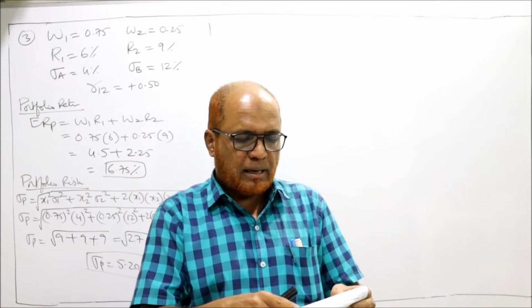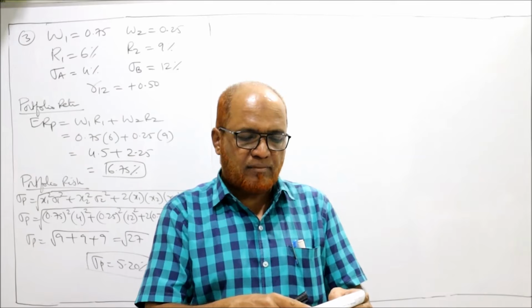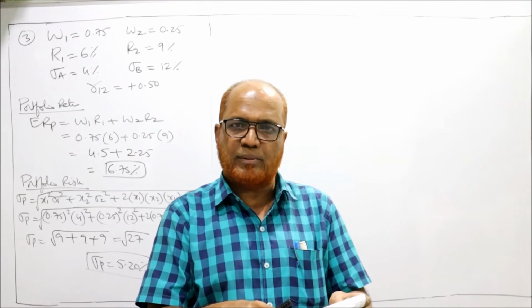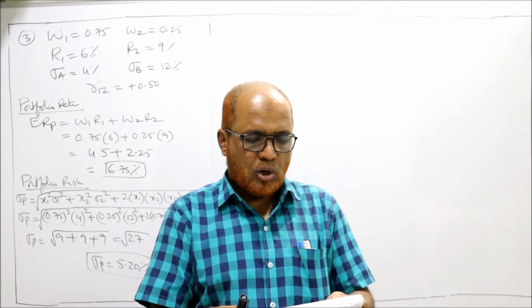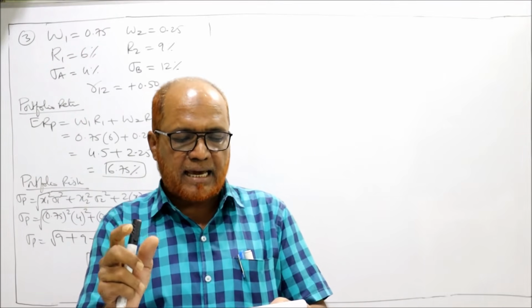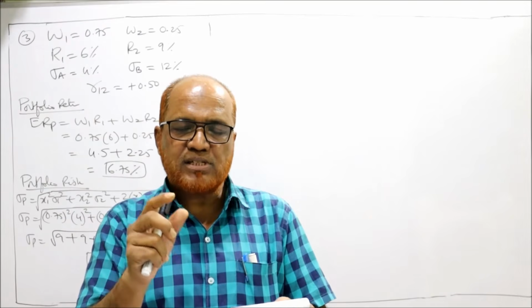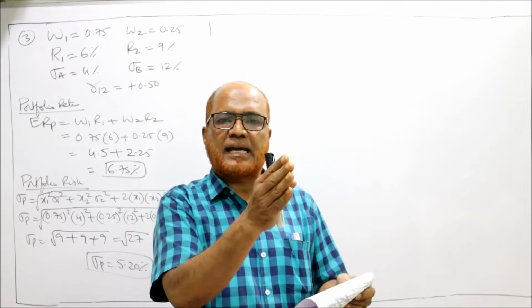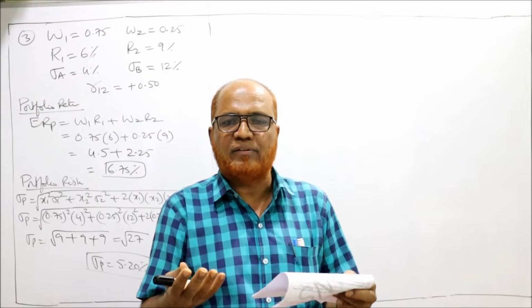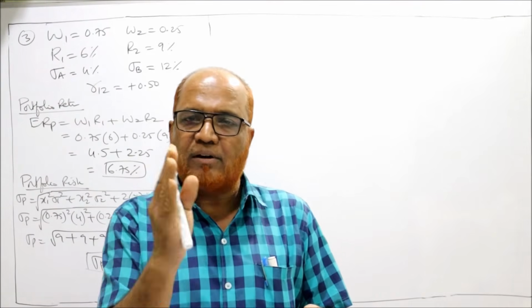With the following inputs A, B, C, expected returns are given 16%, 18%, 21%. And standard deviation 19%, 21, 26. Correlation of returns A and B: we treat the securities as first security, second security, third security for our better convenience. So A and B means first and second.